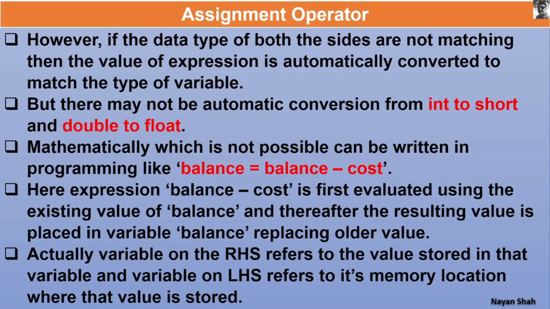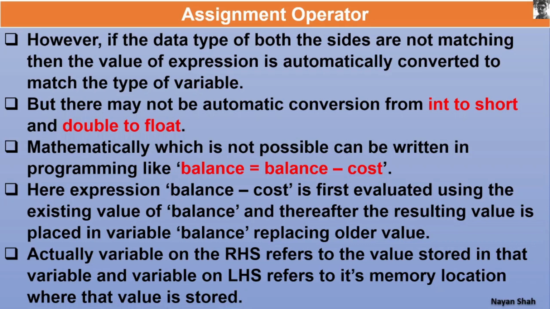For example, integer to short will not get converted. Double to float will not get converted automatically. That means if the variable on the left hand side of the assignment operator is of type short, and the result of the expression on the right hand side is of type integer, then that will not be automatically converted.